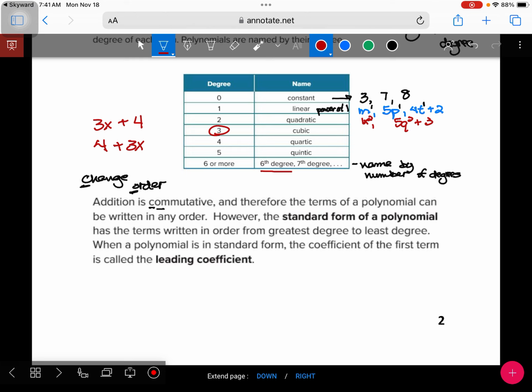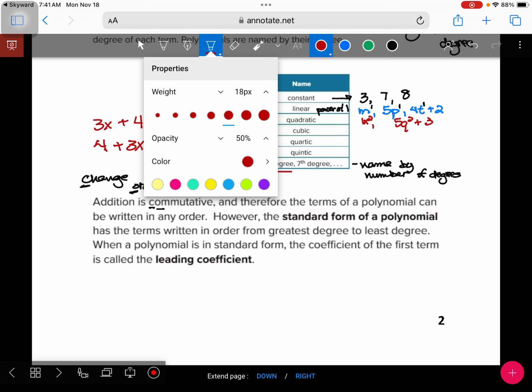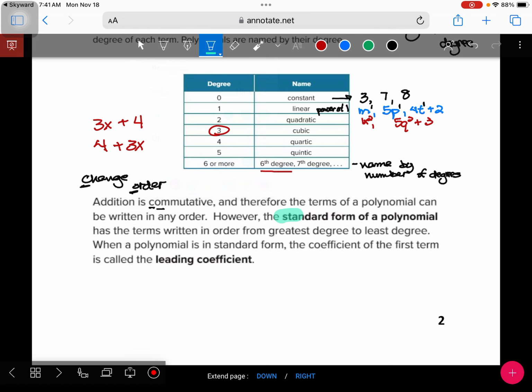However, the standard form, and this is going to be important, the standard form of a polynomial has the terms written in order from greatest degree to least degree.